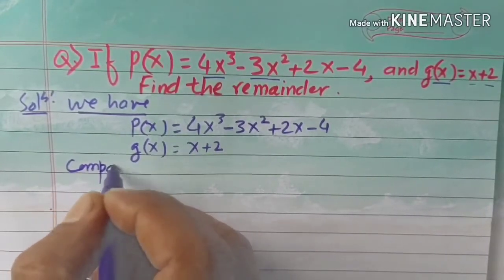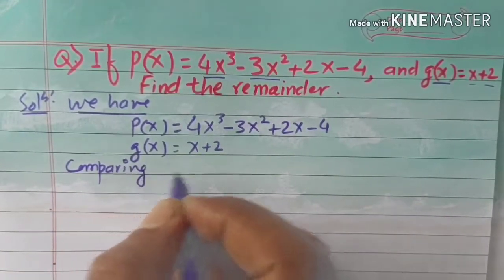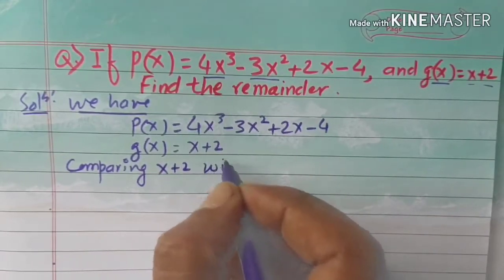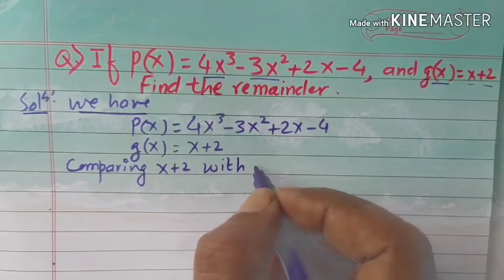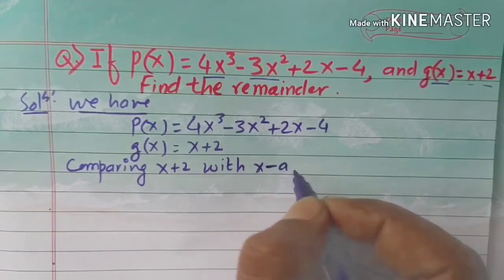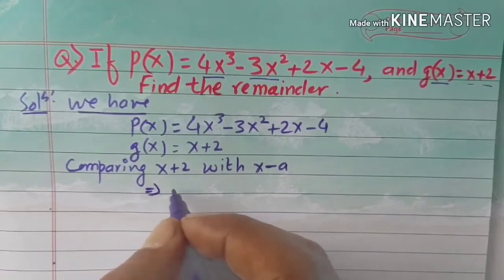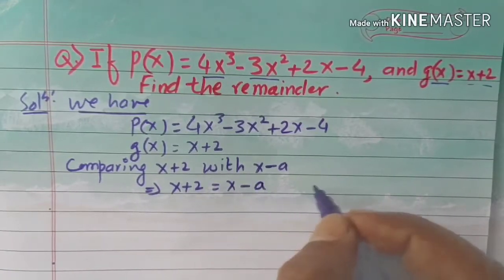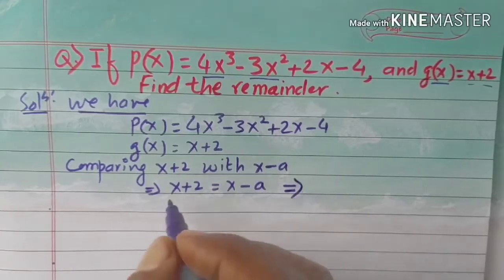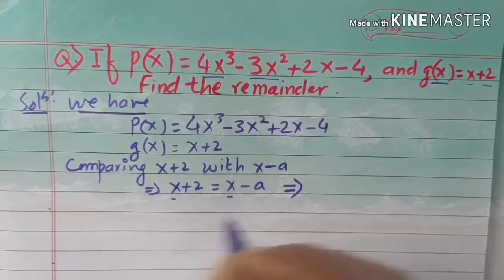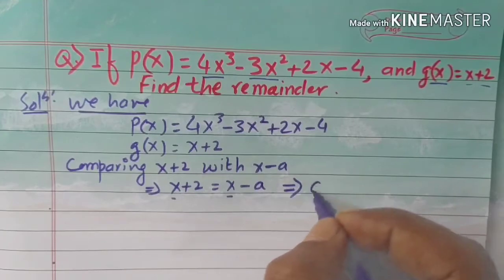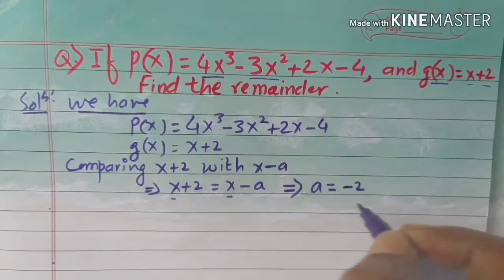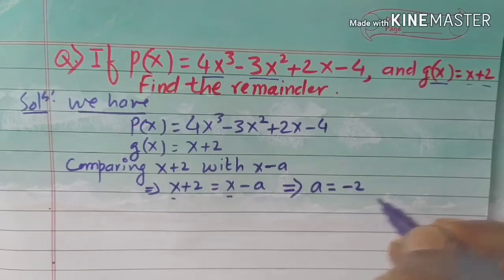Comparing x plus 2 with x minus a, this implies that x plus 2 is equal to x minus a. Here x and x will cancel out and we will get a is equal to minus 2.